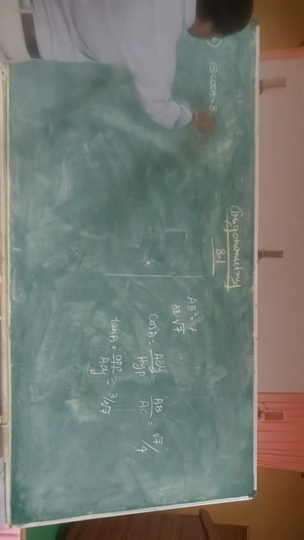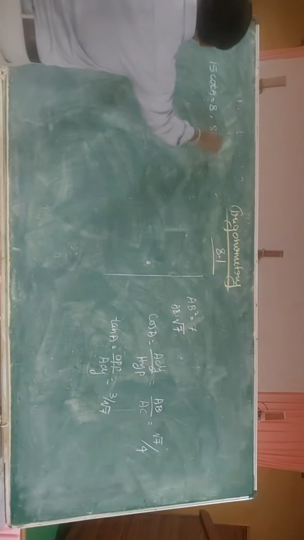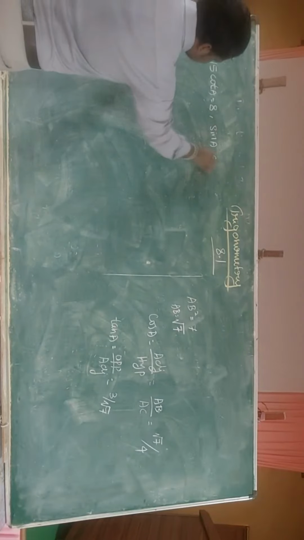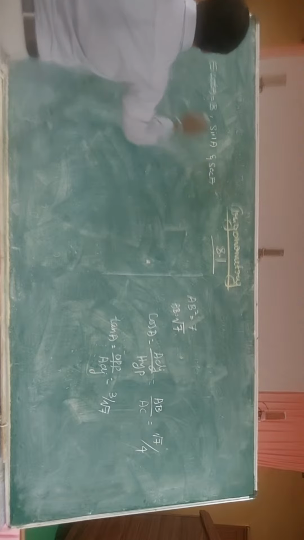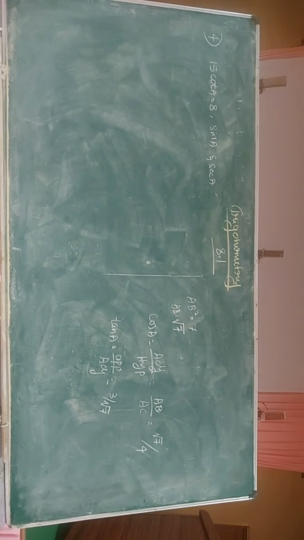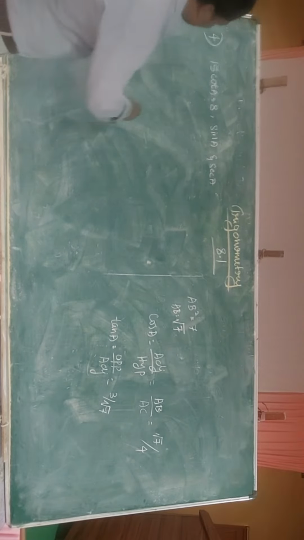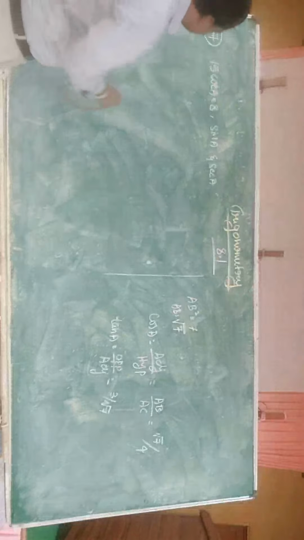Find sin A and sec A. Yes, 15 cot A is equal to 8 and we are asked to calculate sin A and sec A.